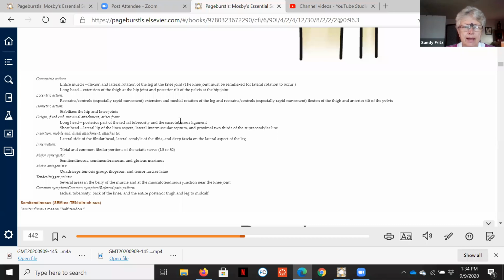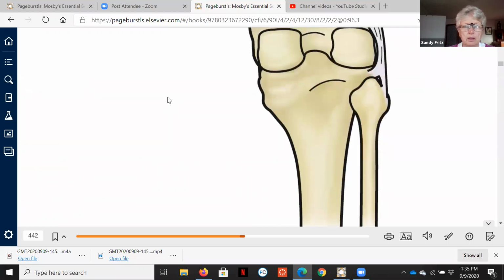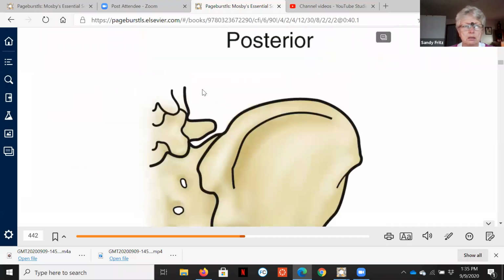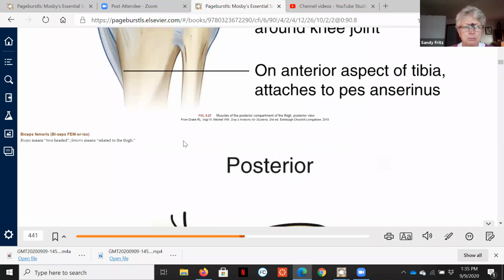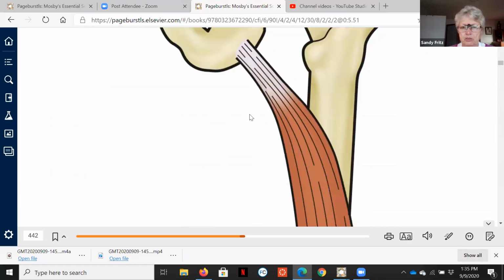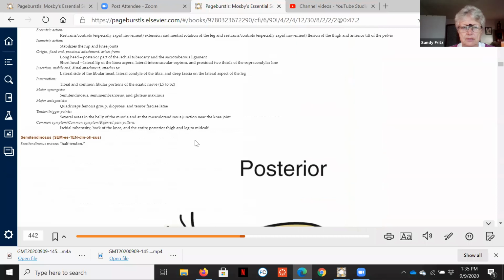So here are the attachments. We've got the long head and the short head. It's the long head itself that is the two-jointed muscle, and the short head actually just works at the knee. So here's the picture. You can see that it crosses the knee.